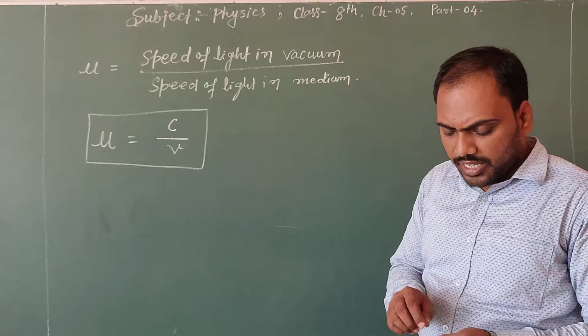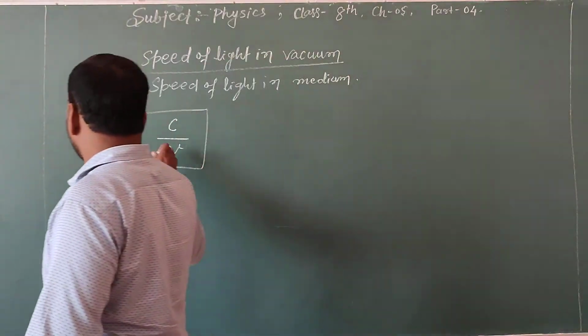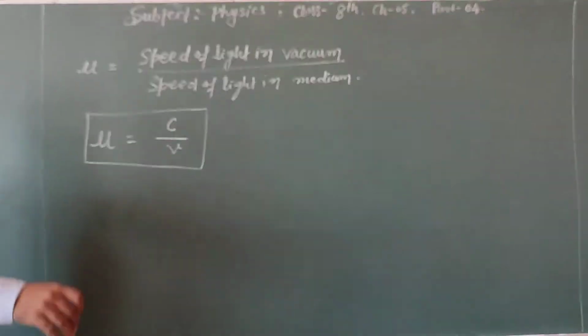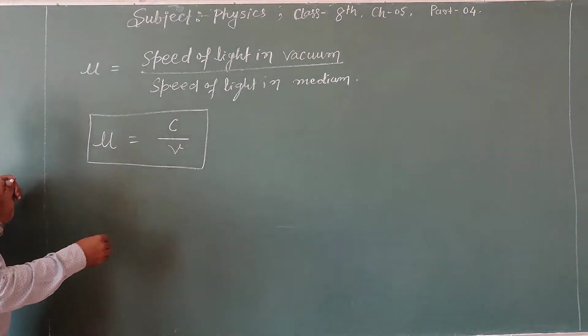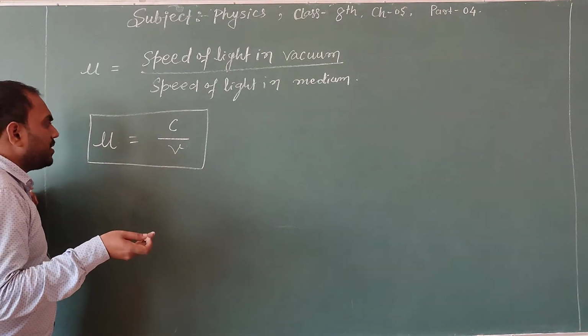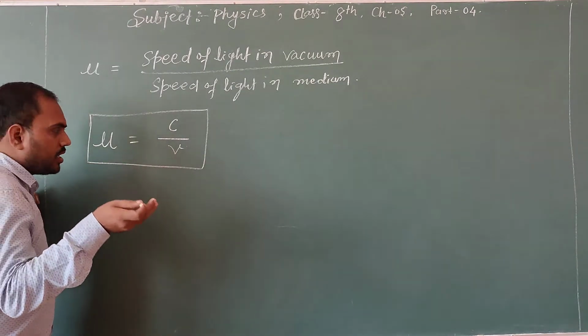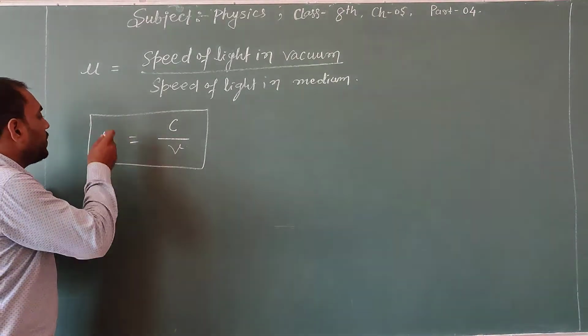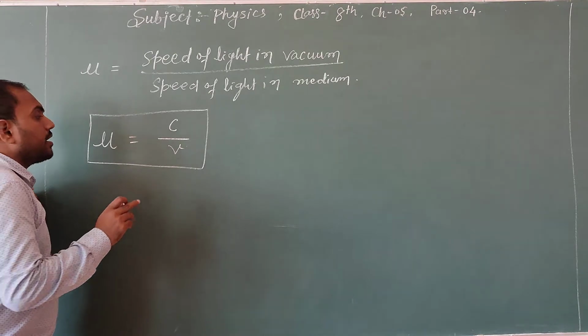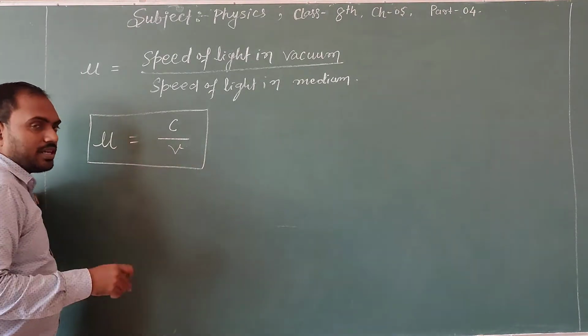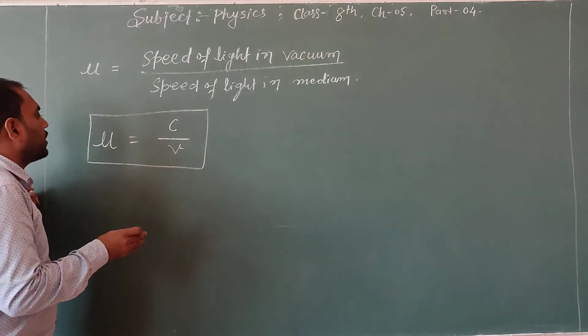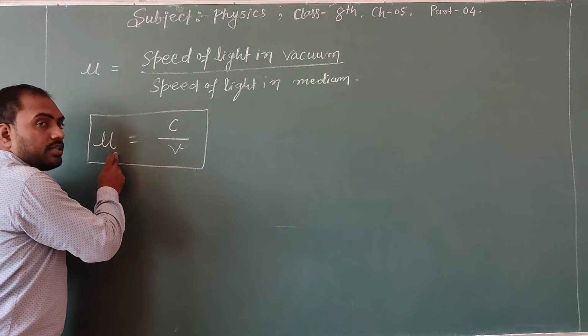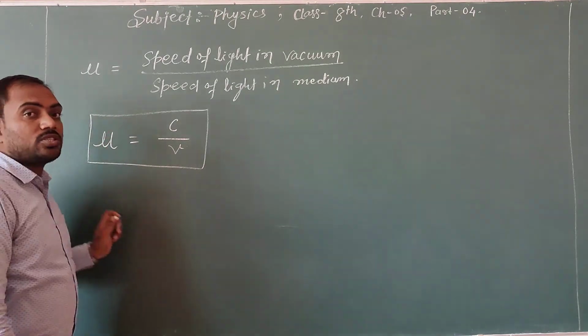So dear, it depends on the speed of light in that medium. It means that if the speed of light in that medium is higher, the refractive index will be lower. If the speed of light in that medium is lower, it means that the refractive index of that medium is higher.